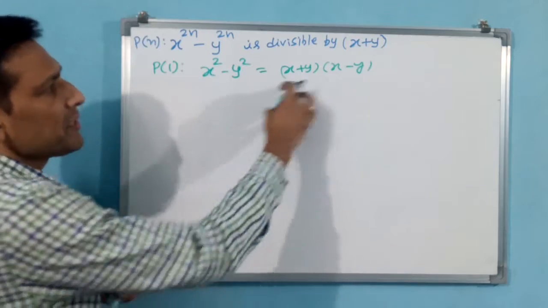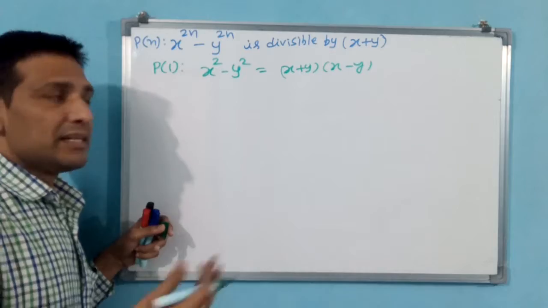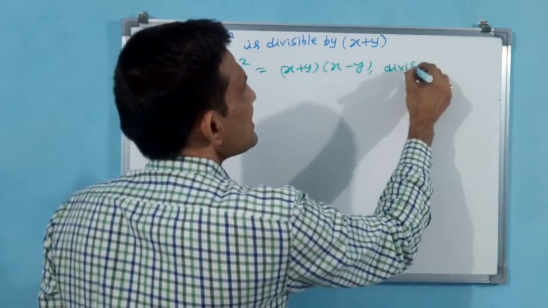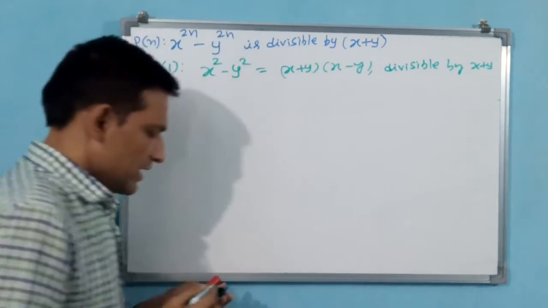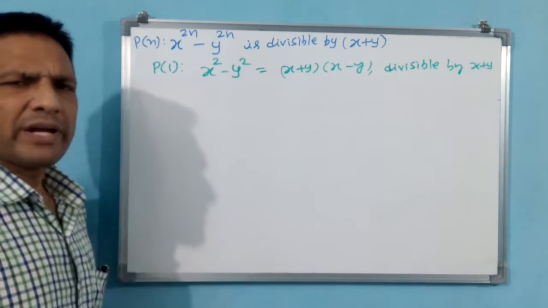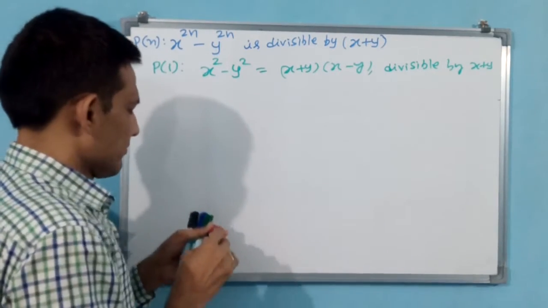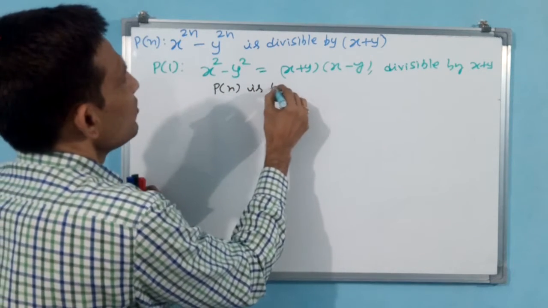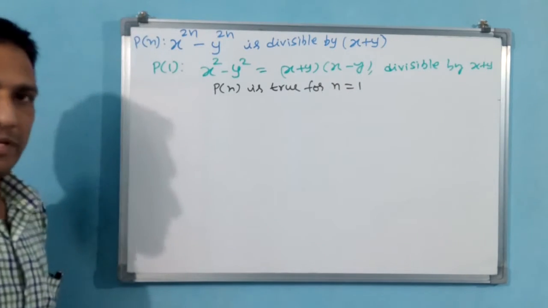Definitely divisible by x plus y, because if you divide by x plus y, x plus y is going to get cancelled and the result is going to be x minus y. You write down divisible by x plus y. Since it is divisible even at 1, what you have to write? P of n is true for n is equal to 1. Write down. P of n is true for n is equal to 1. Is it correct? Definitely it is correct.